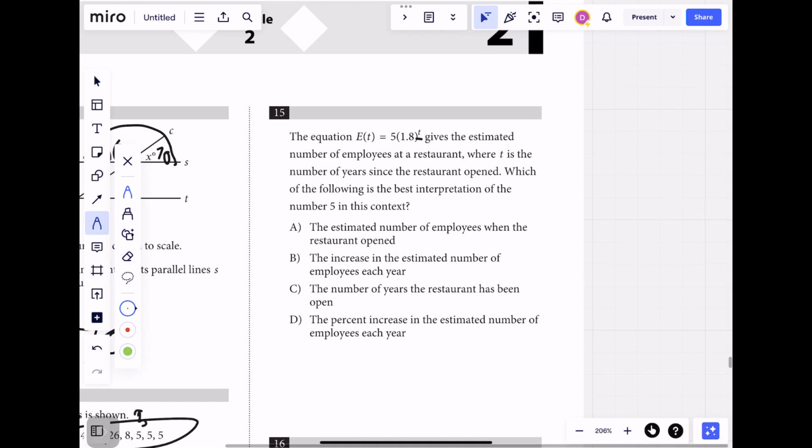So for every increase in t, the next number is 1.8 times the previous number. When t is 0, 1.8 to the power of 0 turns into 1, and 1 times 5 is 5. So it's the estimated number of employees when the restaurant just opened, because t is the years since it opened. So that's 0, and then 5 is the number of employees.